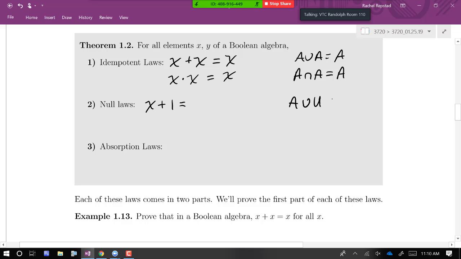Okay, so what do I get if I take a set and I union it with the universe? So I start with a set, and then I add everything. What am I going to end up with?